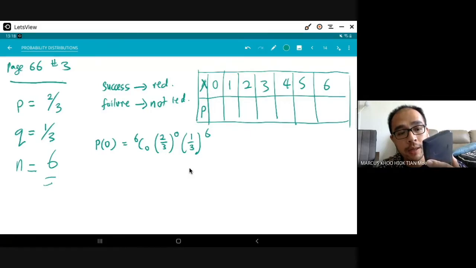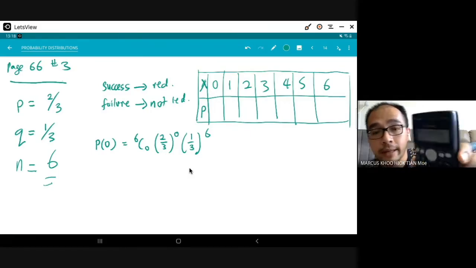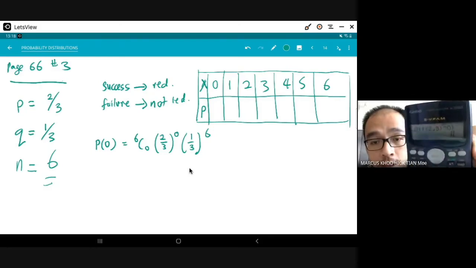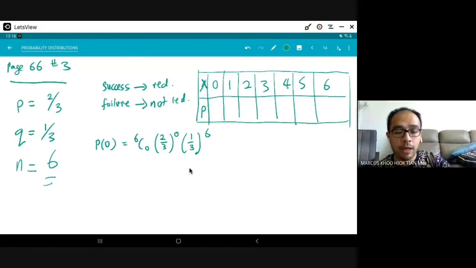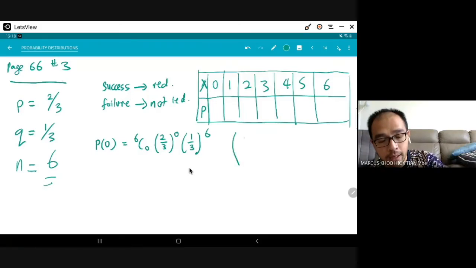2/3, close the bracket, power of 0, close the bracket, like this. Take a slow look at this. Kamu bracket, macam ni, 2/3 power of 0 bracket, macam ni.